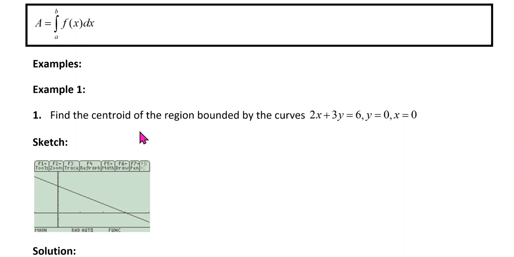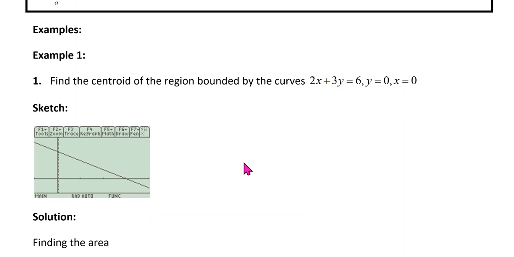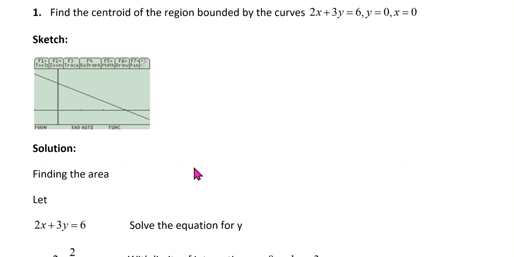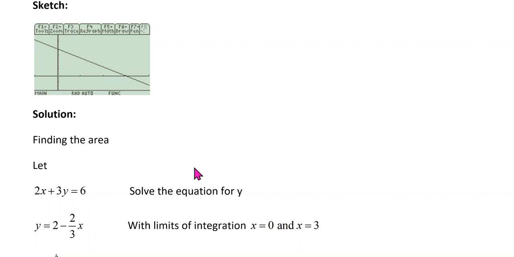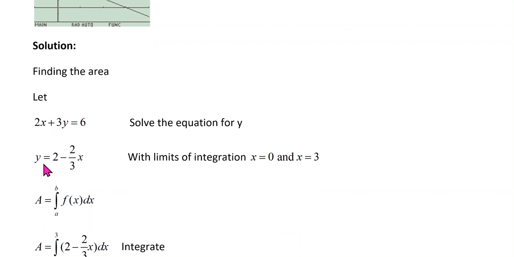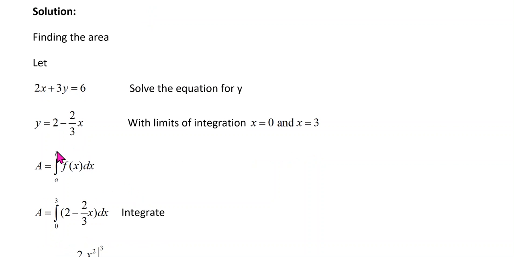So let's take an example. Find the centroid of the region bounded by the curve 2x plus 3y equals 6, y equals 0, and x equals 0. So this region here. To find the centroid, we need to rewrite this equation of the line in terms of y. So we get y equals 2 minus 2/3 x, and we call that f of x.